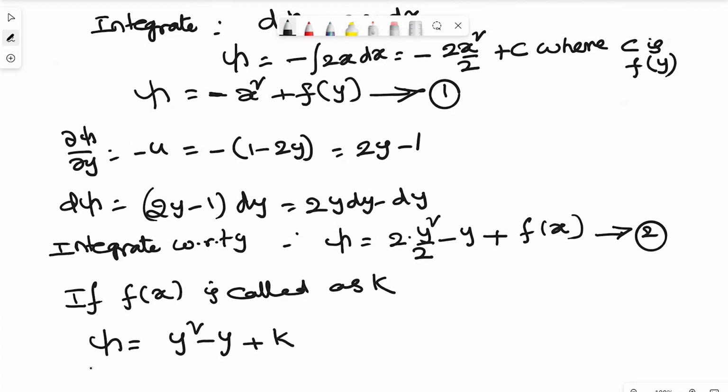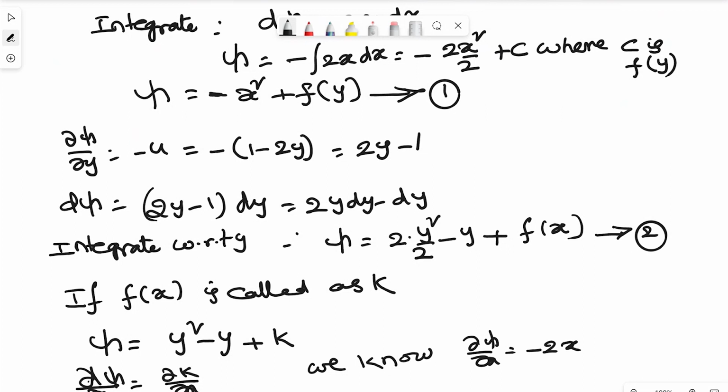Dou psi by dou x is equal to dou k by dou x. But we know dou psi by dou x is equal to minus 2x.